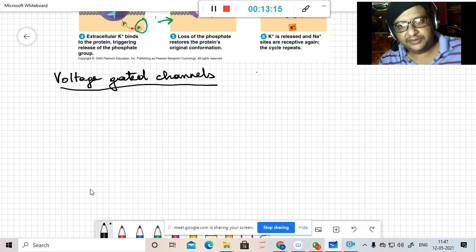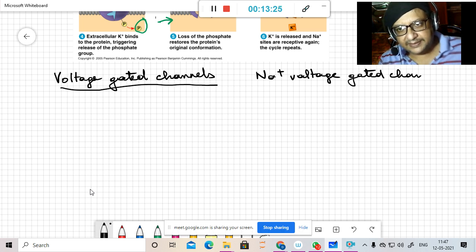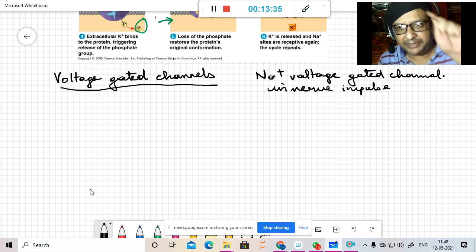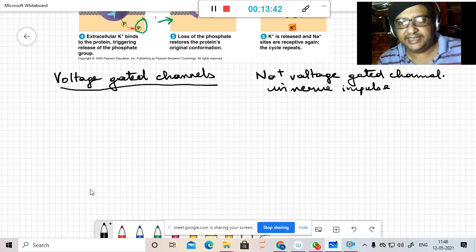Remember your sodium voltage gated channel in nerve impulse. A slight change in the voltage of the membrane because of touching or some stimulus, this channel opens and then sodium enters inside the nerve cell, and then there is depolarization. This happens because of a sodium voltage gated channel.